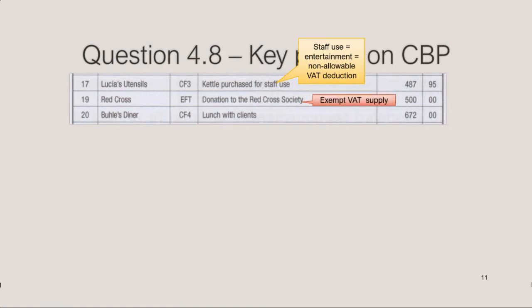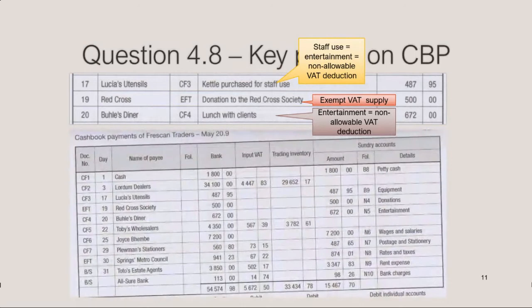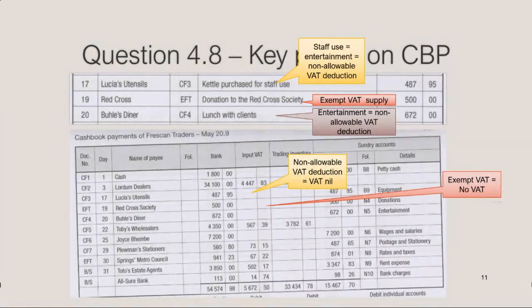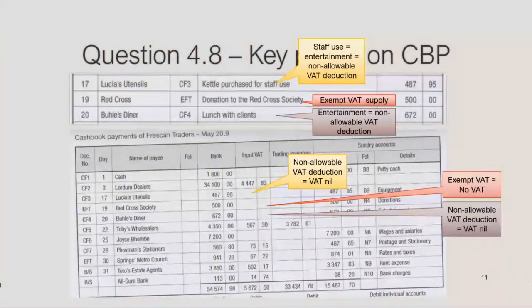Then a donation to the Red Cross is also an exempt VAT supply. Donations are exempt from VAT. And then your lunch with clients is also seen as entertainment and also a non-allowable VAT deduction. So you would see for those transactions, the VAT amount would have been 0.